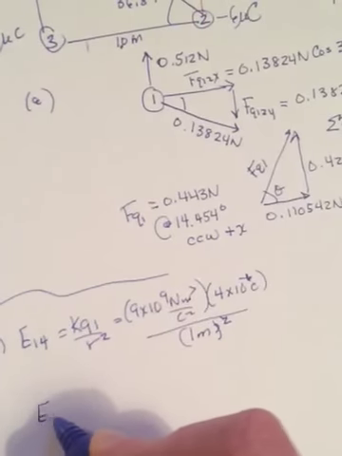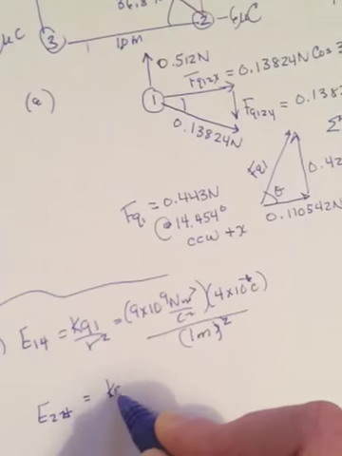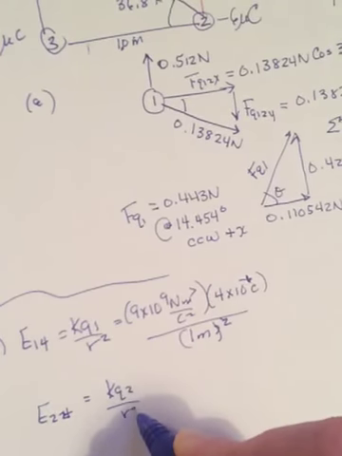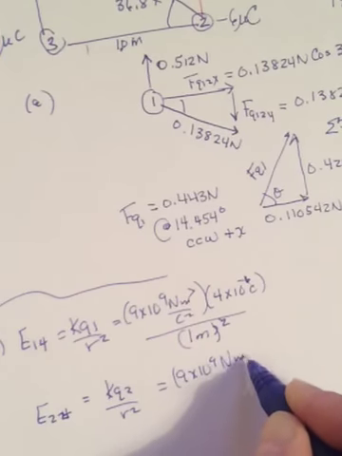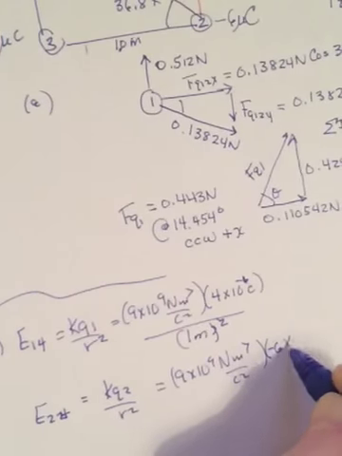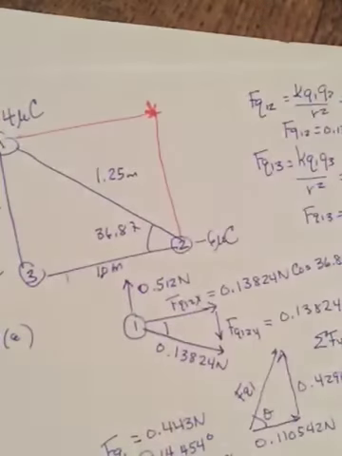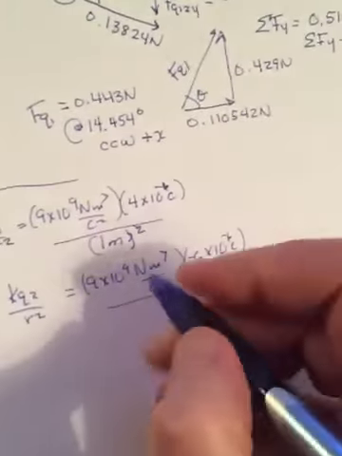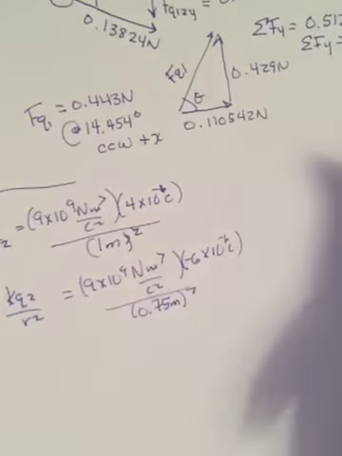Okay, and then KQ2 at 4. So it's going to be 9 to the 9th, and Q2 was negative 6 to the negative 6, and its R is this distance, which is 0.75 squared.